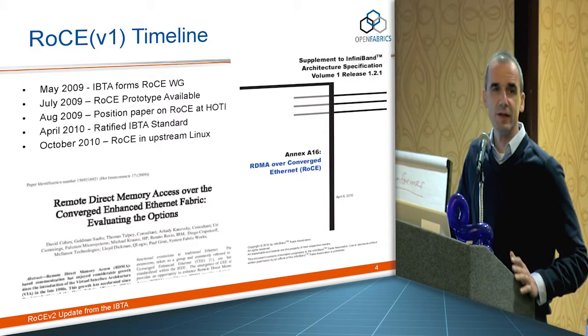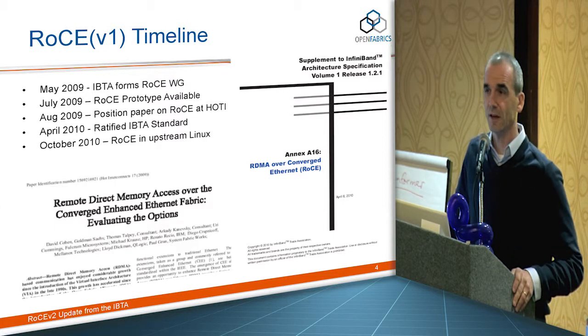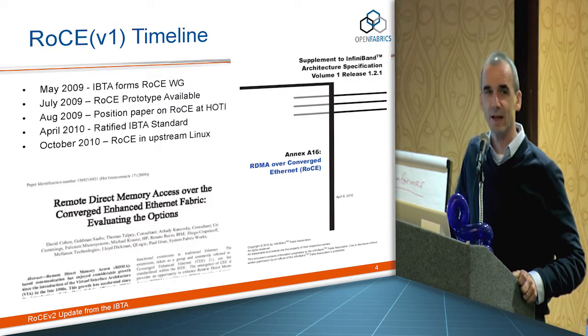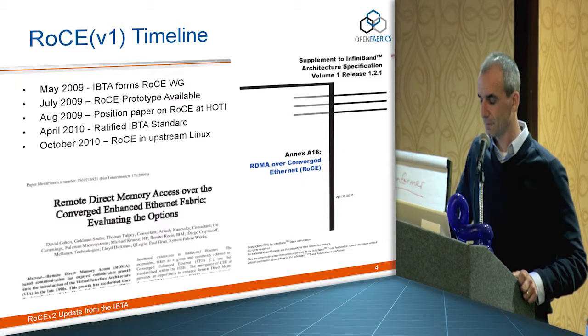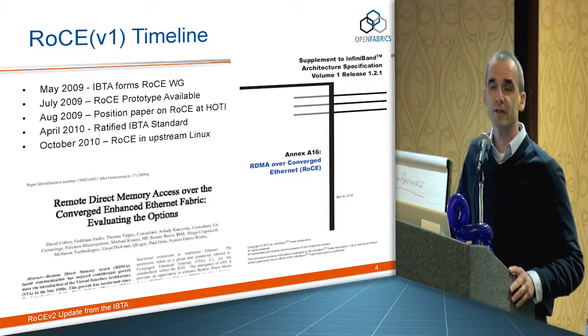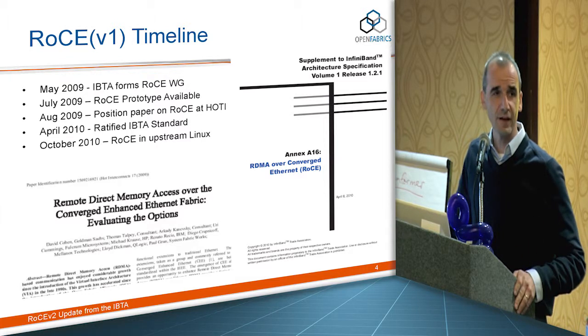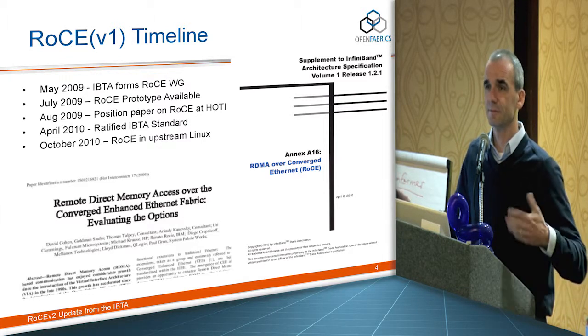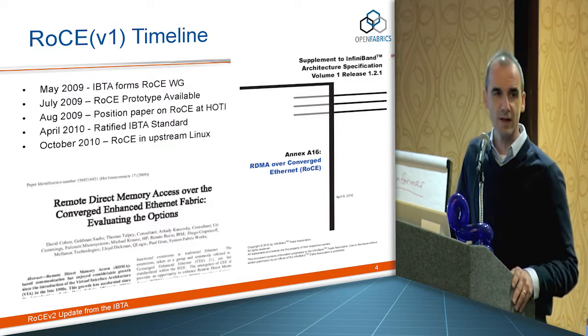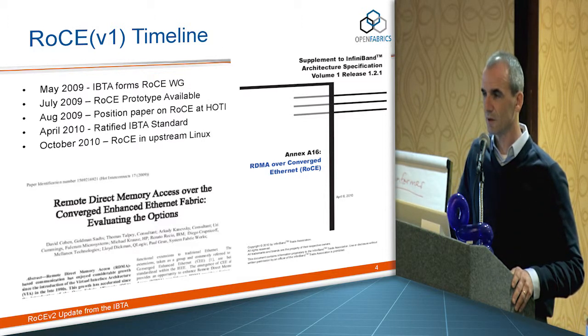There was a little bit of discussion in the industry and a nice white paper that we managed to put together for the Hot Interconnects conference in 2009, where people from different areas in the I/O industry came to discuss the issue at hand and concluded that RoCE was a reasonable thing to do.